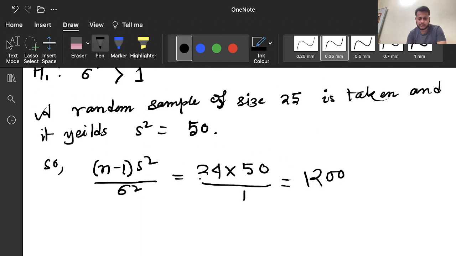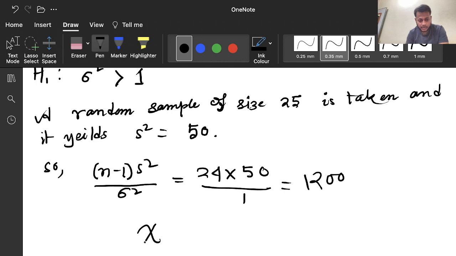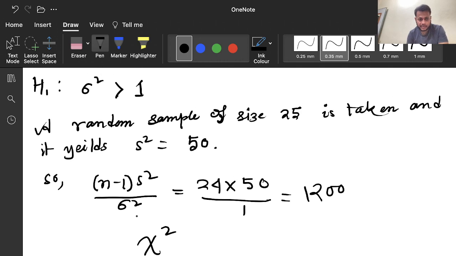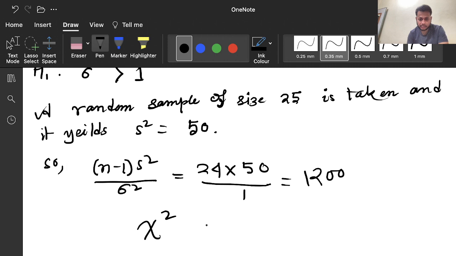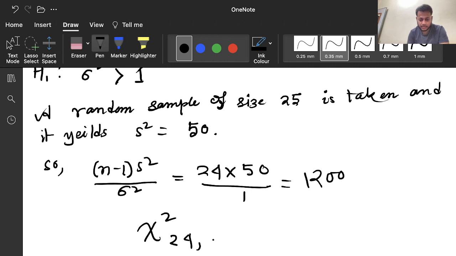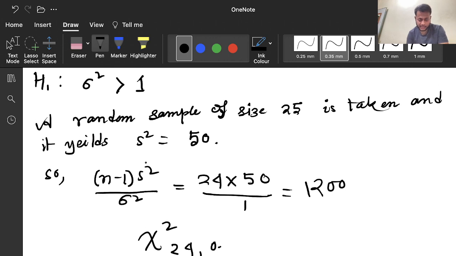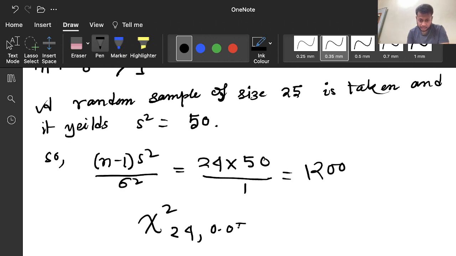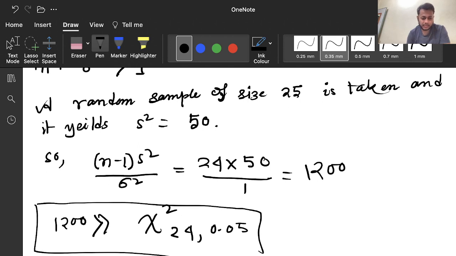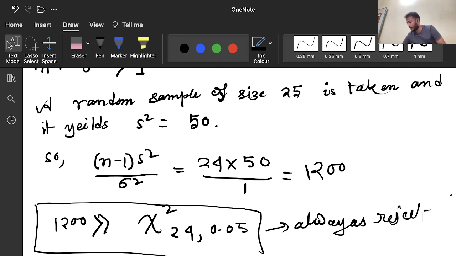If you see from the table, chi square n minus 1, that is 24 comma 0.05, the statistic is much greater than chi square 24 0.05, so we always reject this hypothesis.